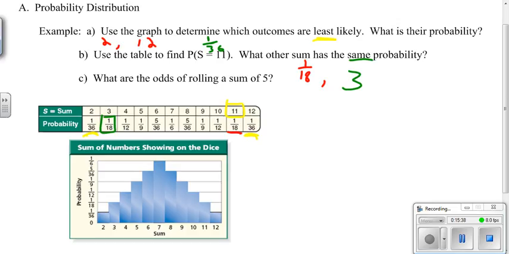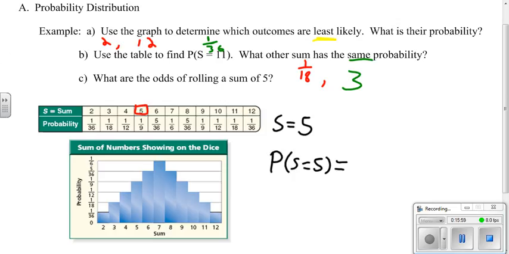Now it says, what are the odds of rolling a sum of 5? So I'm going to clear some of this out of our way here. If we look at our sum of 5, the probability that the sum equals 5 is going to be equal to 1/9. But we're looking for the odds, which means the probability that it's not going to be 5.